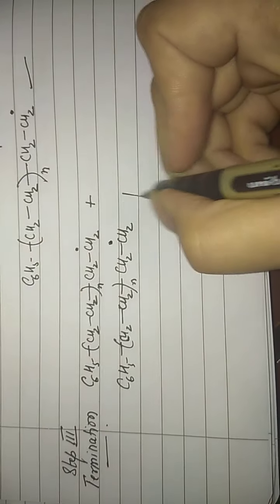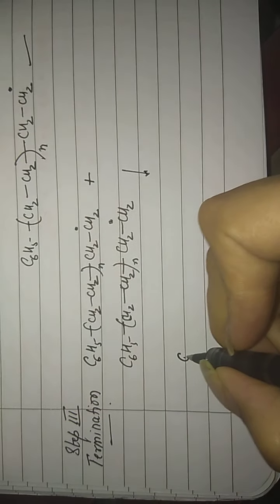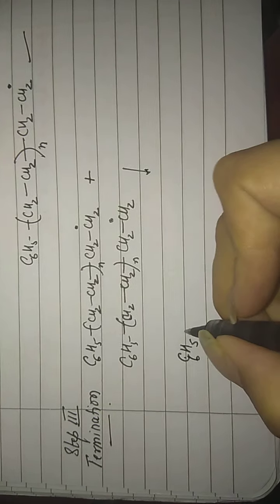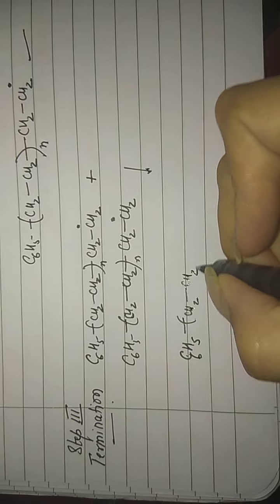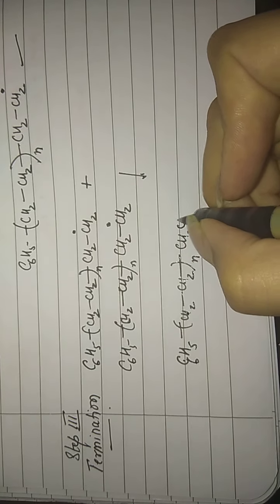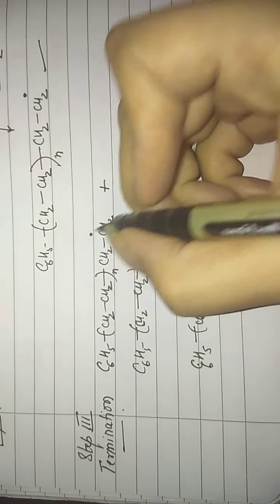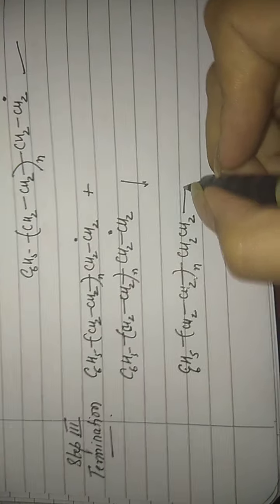So this will give me, let's start from here, C6H5, CH2, CH2, n, CH2, CH2. Now this is forming a bond with this with the help of these two electrons. This bond.